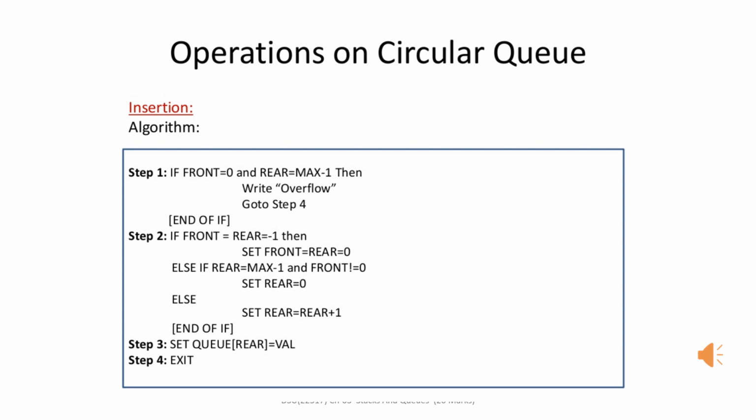That's why the total indexes are 0 to 99, meaning max minus 1. Initially front is equal to minus 1 and rear is equal to minus 1. After inserting a new element in the queue, rear becomes rear plus 1, meaning minus 1 plus 1 equals 0. That is, our first element is at the 0th index.